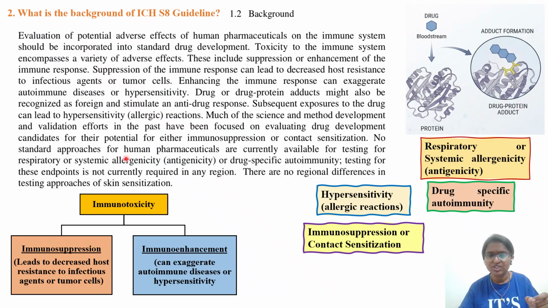No standard approaches for human pharmaceuticals are currently available for testing whether the newly developed candidate is going to trigger respiratory sensitization, or cause systemic allergenicity. These points have not been addressed previously.